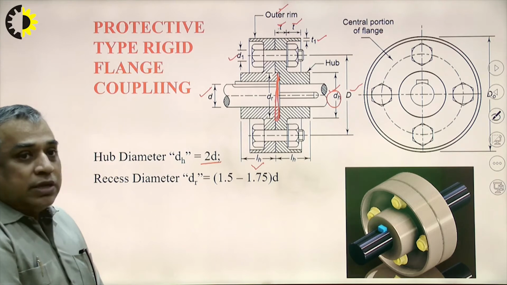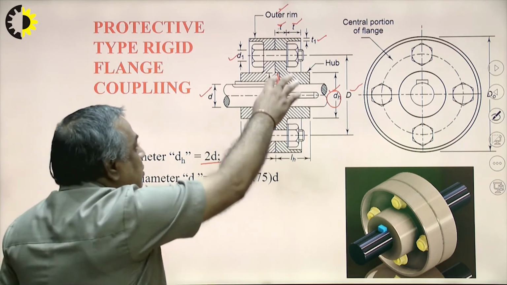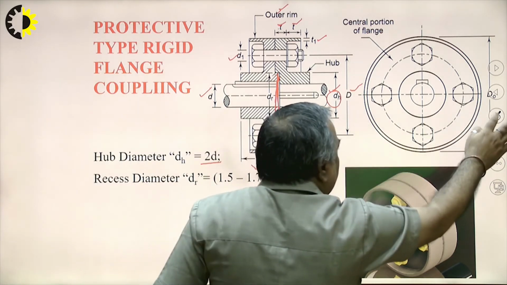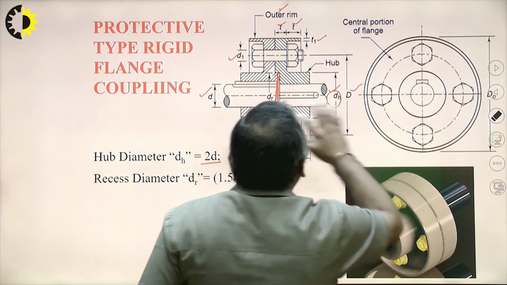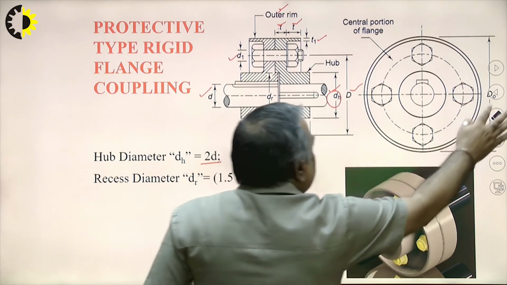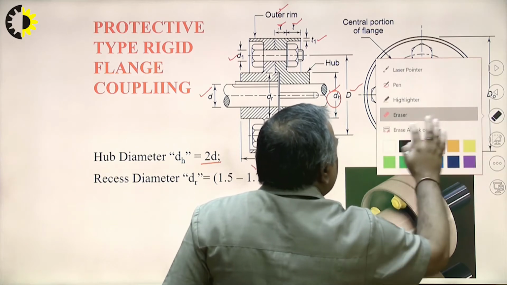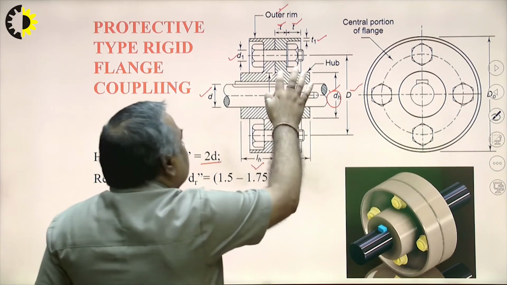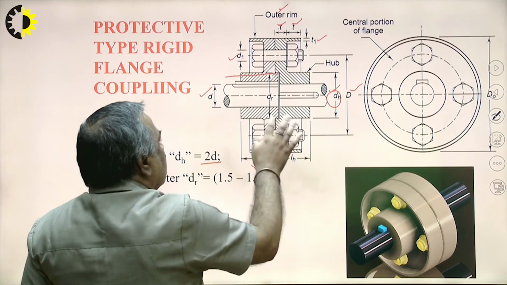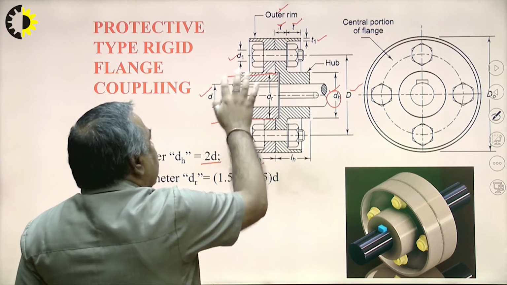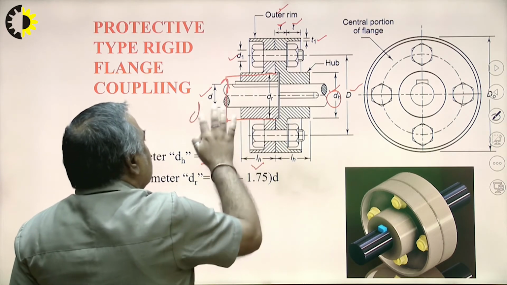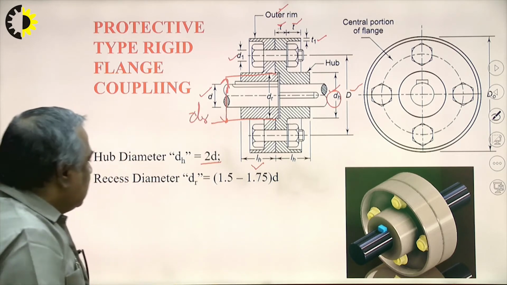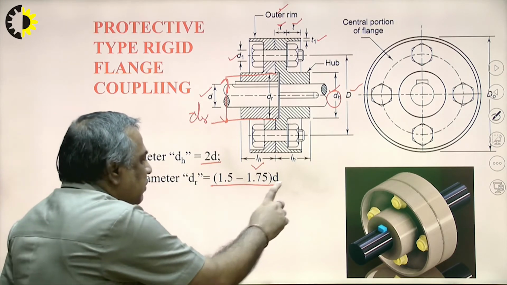Then the recess diameter, this diameter here, is the recess diameter, dr. This is 1.5 to 1.75 times d.